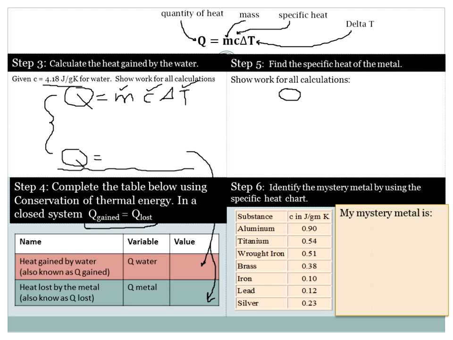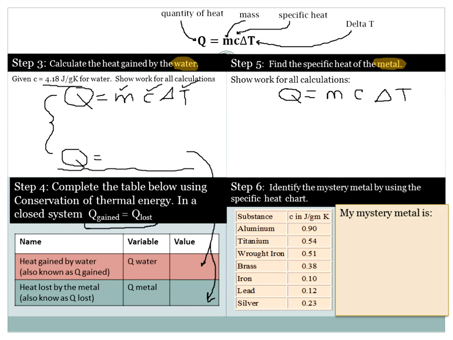So the confusing part with step 5 is we're going to use the equation, the same one we used in step 3. The catch is that this time we're specifically talking about the metal. Any numbers we substitute in have to be numbers about the metal, whereas when we did step 3, it was all data regarding the water.